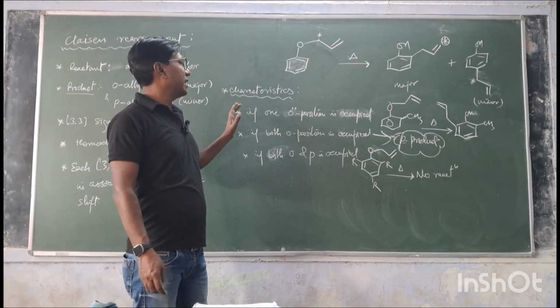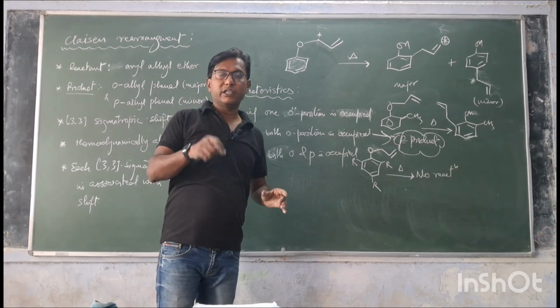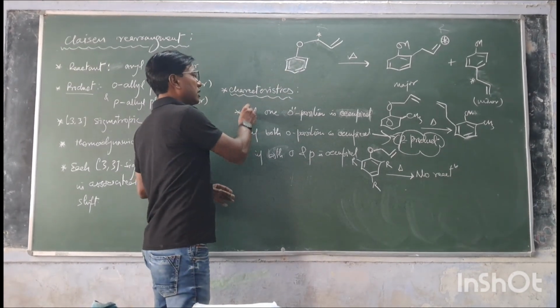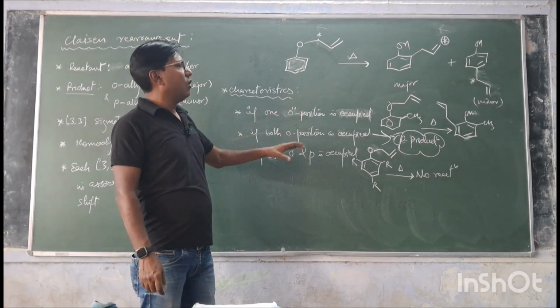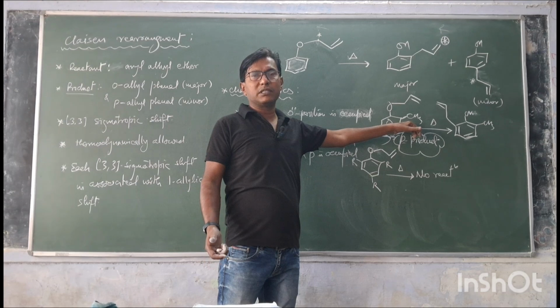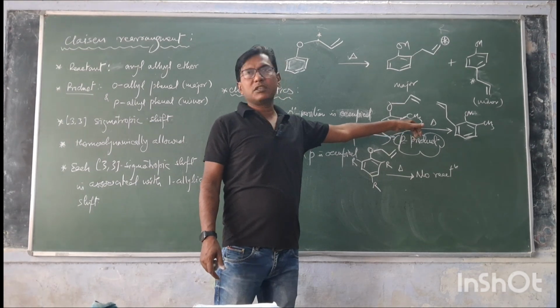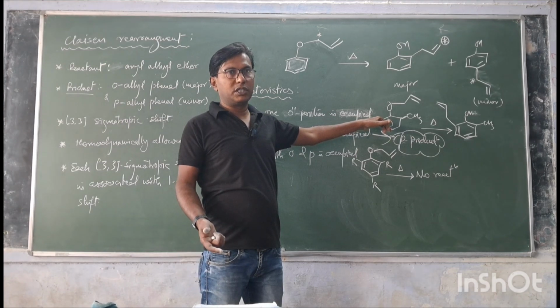Now let's discuss the characteristics of the Claisen reaction, which you can use while writing your answer. In general, we can easily see that if one of the ortho positions is blocked or preoccupied by some other group, then the reaction will easily occur at the available ortho position, that is the second ortho position.